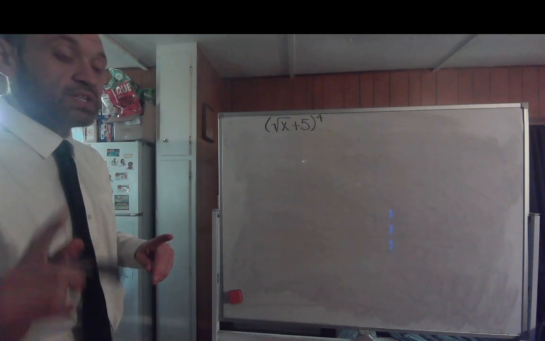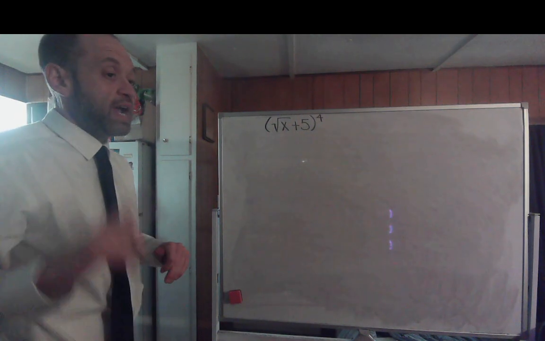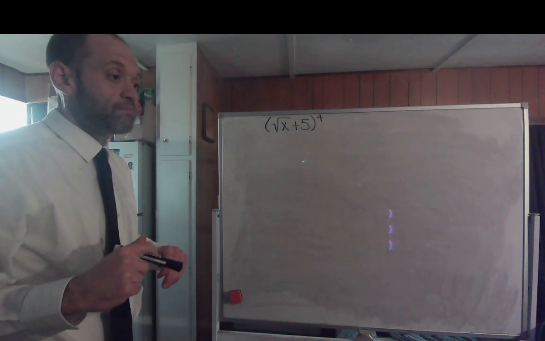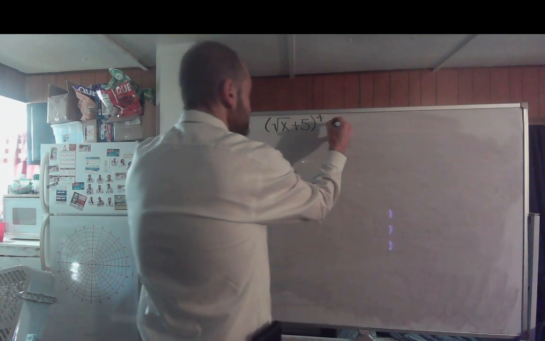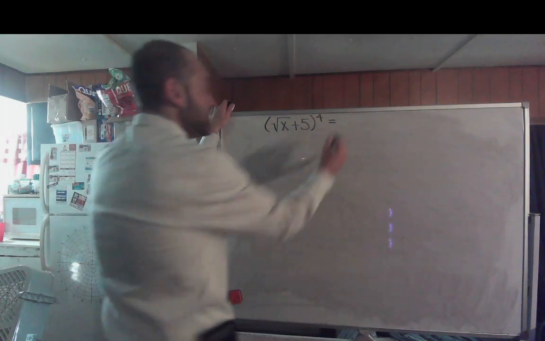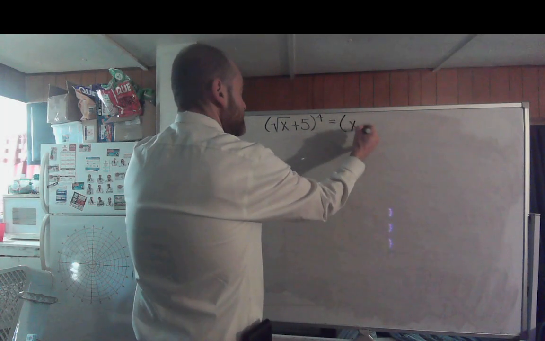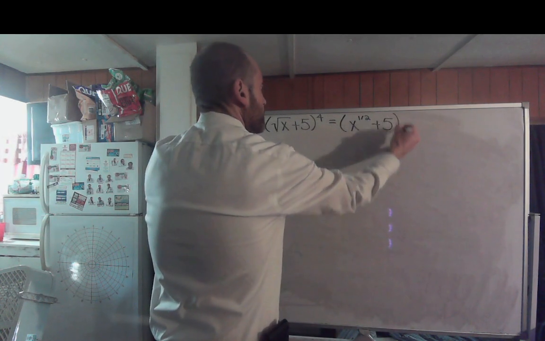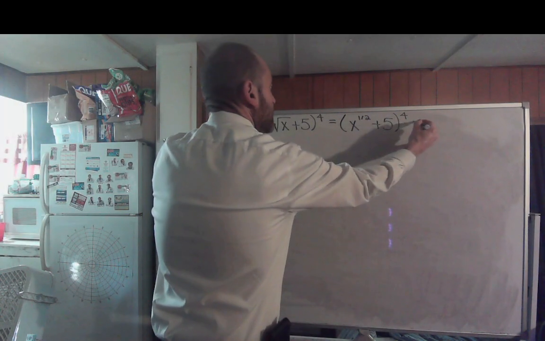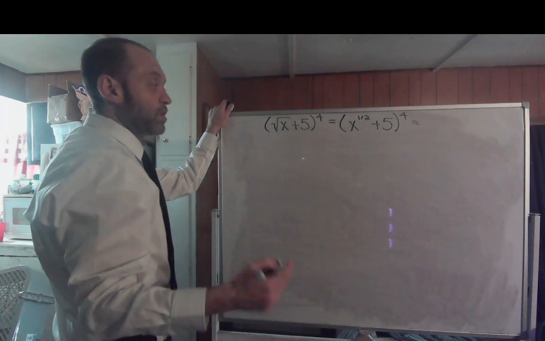Now, what I'm going to suggest first, any radicals you have, go ahead and convert that into a rational power. That's going to make your life a lot easier. So you can treat that as x to the 1/2 plus 5 raised to the fourth. Now we have something we can readily work with.